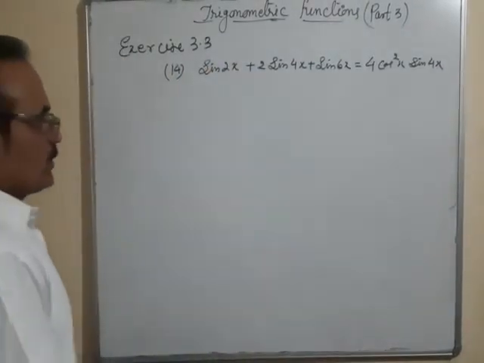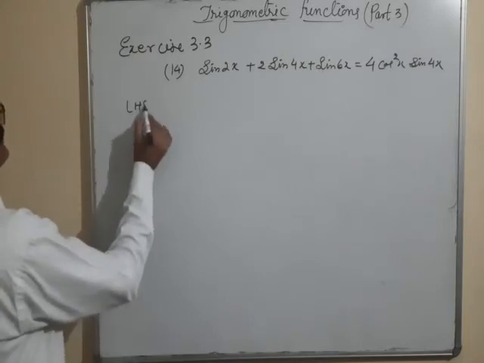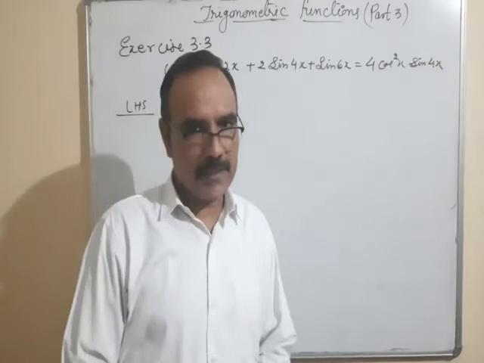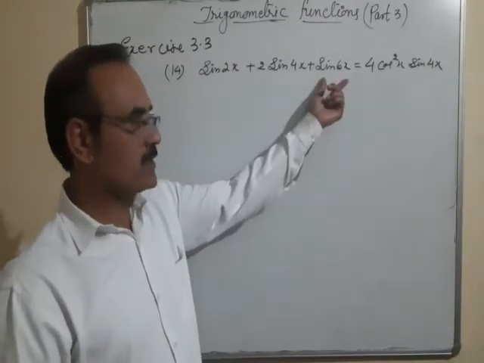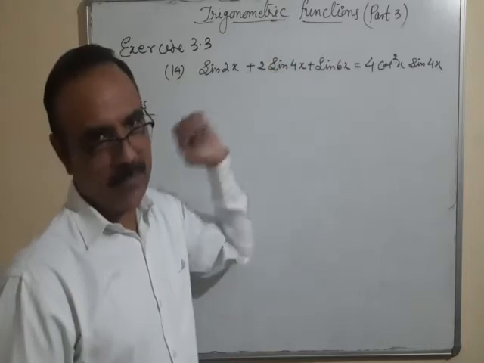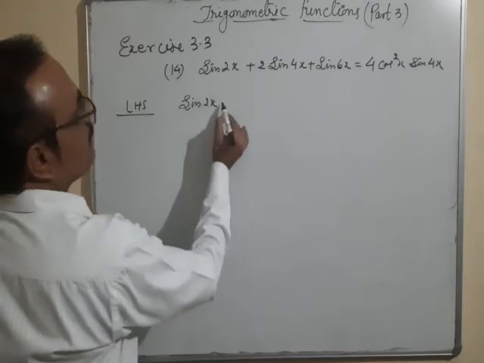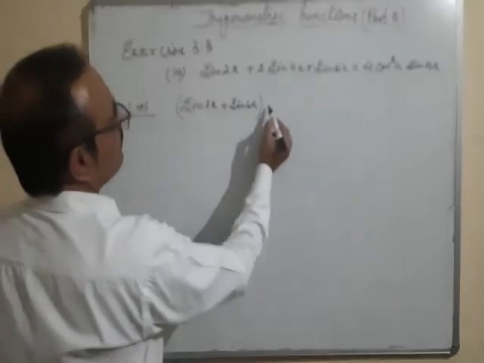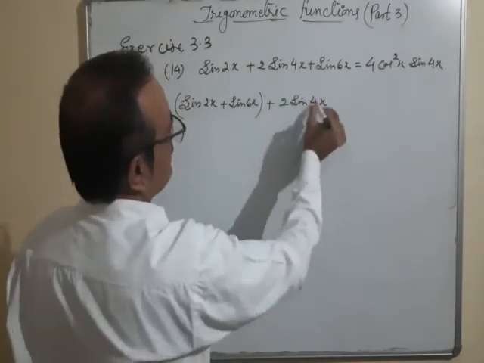How to start to solve the question? Starting from LHS. Is there any formula or identity that applies here? Yes, sin 2x plus sin 6x. Sin C plus sin D can be applied here. Okay. So sin 2x plus sin 6x, and plus 2 sin 4x as it is.